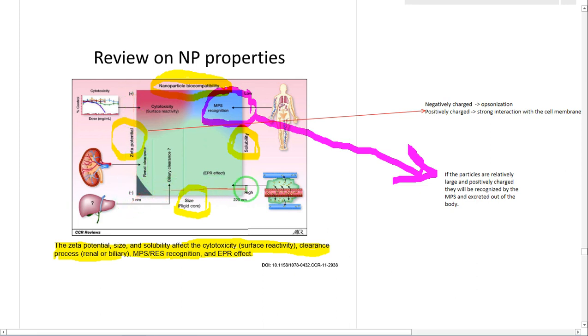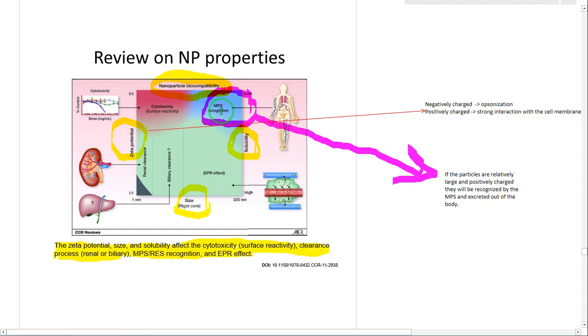The size here increases from 1 nanometer to 220 nanometer, and you see here we have the immune system of the body, which simply tells us that if we go on the diagonal here, and not only increase the size of the nanoparticles but also charge them positively, more of the nanoparticles are going to be excreted out of the body. They are going to be recognized by the mononuclear phagocyte system of the body.